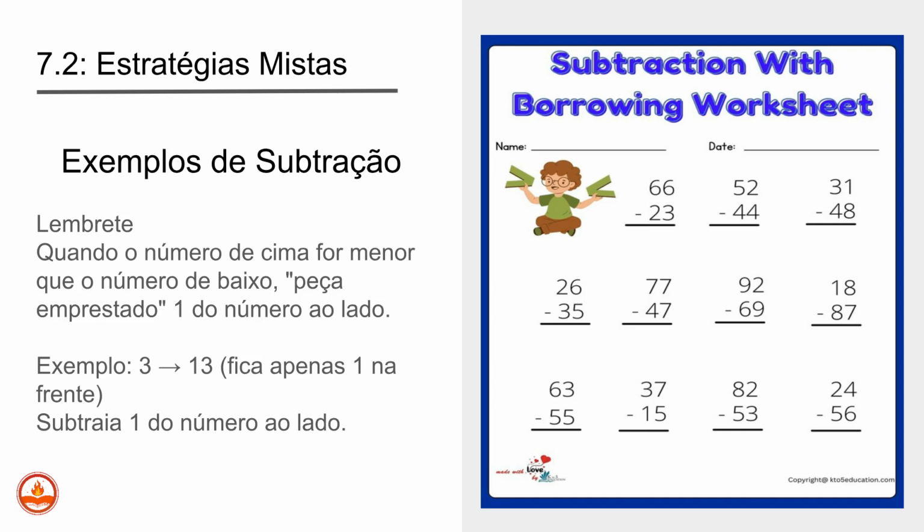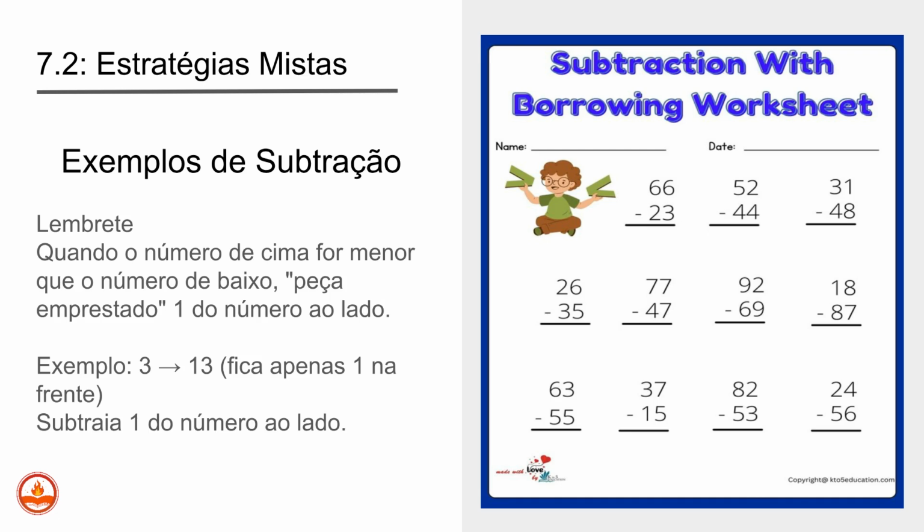Let's do some more subtraction examples. I have this worksheet for you, but let's go over a reminder. Remember, this is extremely important. When the top number is smaller than the bottom number, borrow 1 from the number next door. That's the entire principle of subtraction with borrowing.